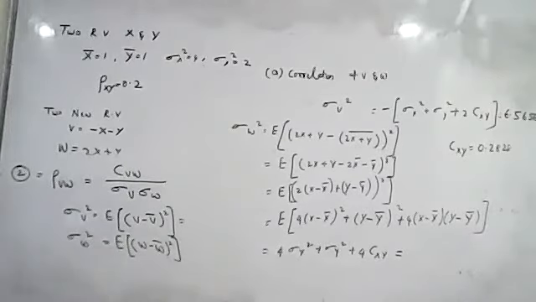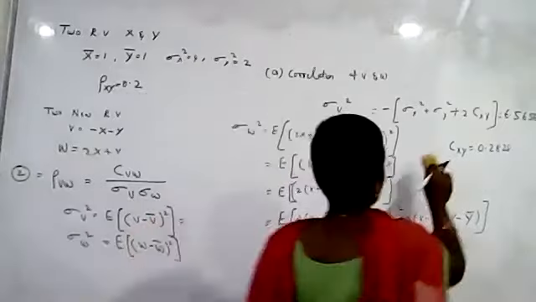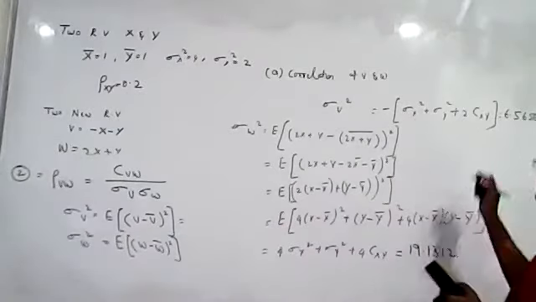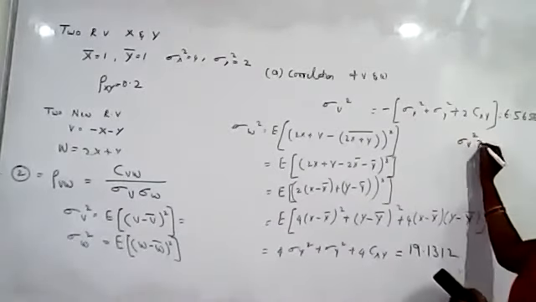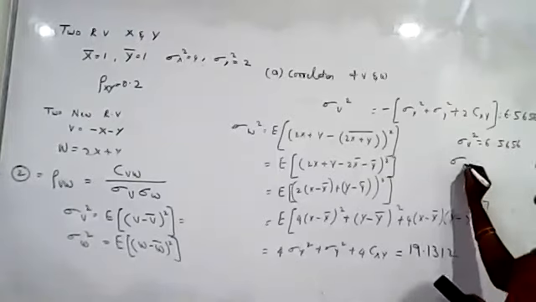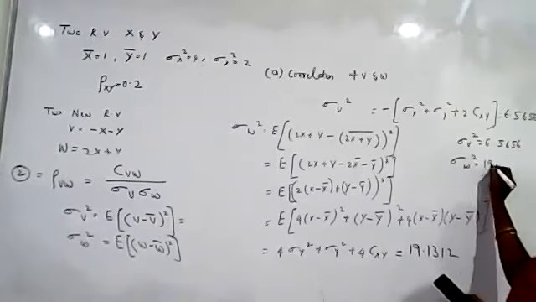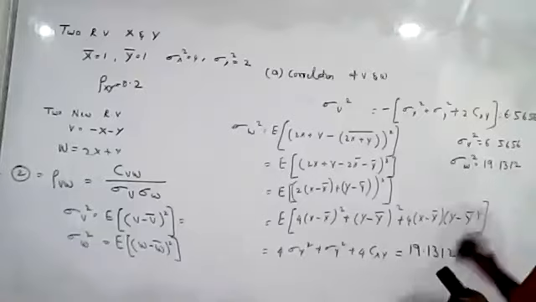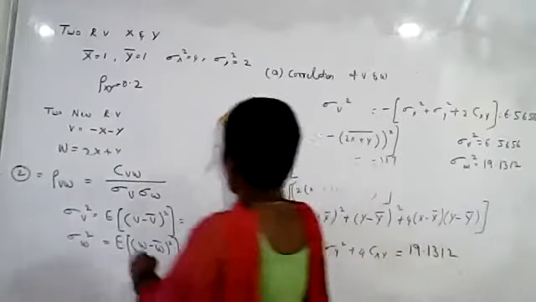Students, tell me what is the value you got. Variance of W is 19.1312. Okay. So these values we just note down somewhere. Sigma V square value is 6.5656. Sigma W square is 19.1312. Okay. Now we got denominators.